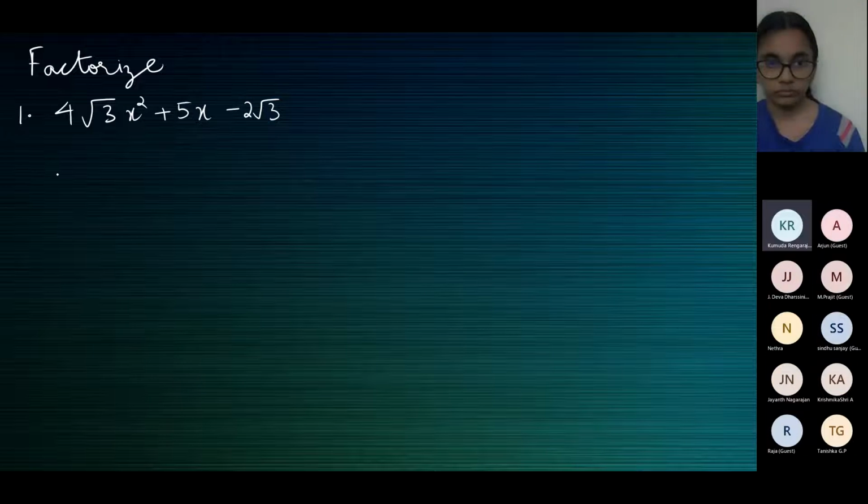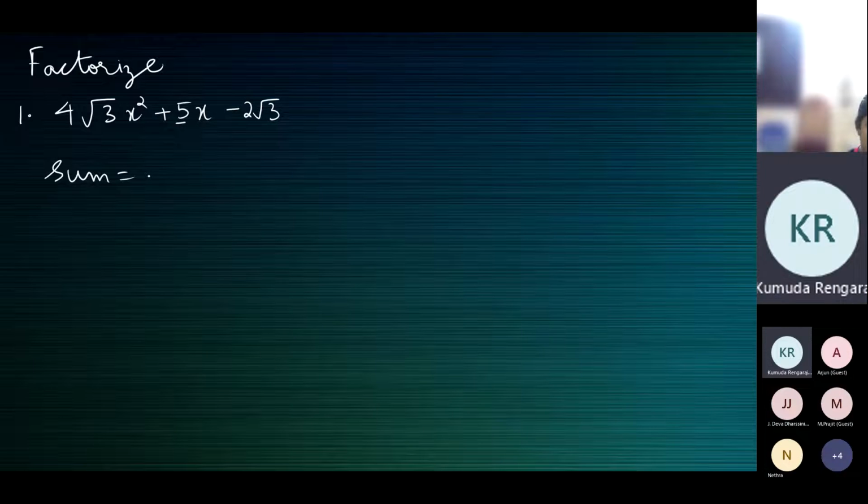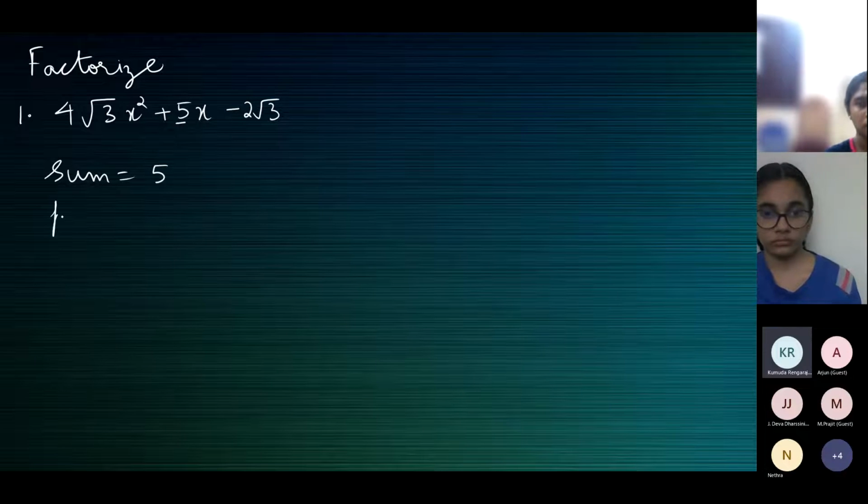So this is a quadratic expression, and we are going to factorize this by splitting the middle term. The sum is the coefficient of x, which is +5, and the product is the product of the coefficient of x squared and the constant. So it is 4√3 into -2√3.